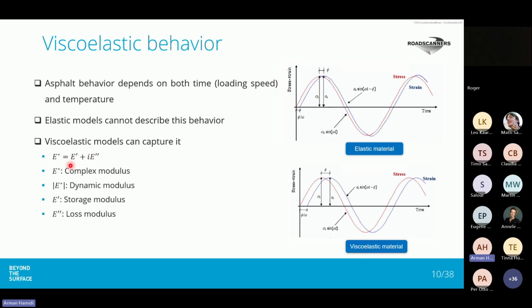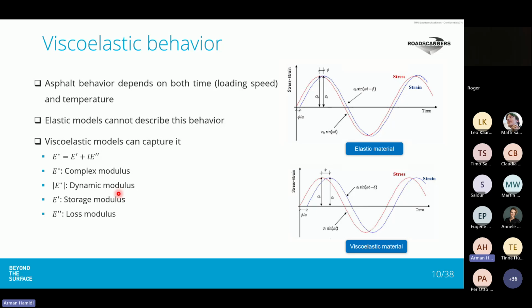Storage modulus reflects the elastic component of this complex modulus, and E double prime reflects the viscose component of the modulus. And the magnitude of this complex modulus is called dynamic modulus.